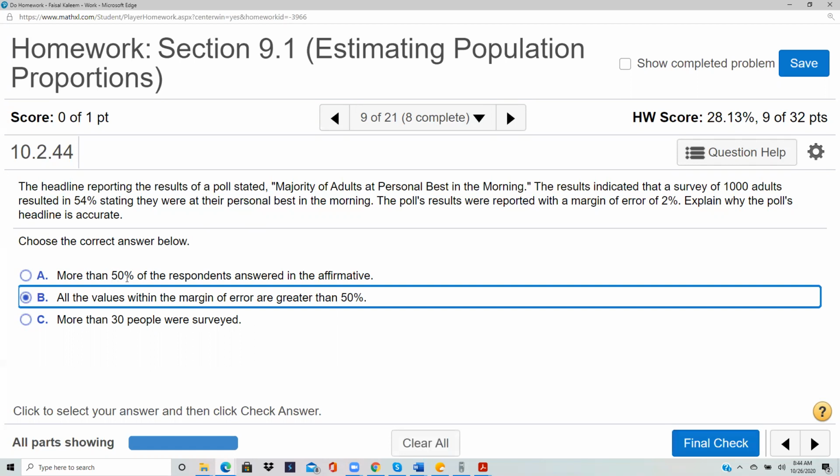Just because more than 50% of the respondents answered in the affirmative doesn't mean that the population will also have a majority. It's if after the margin of error you still have more than 50%, no matter where you are after the margin of error, then you can say that it applies to the majority.